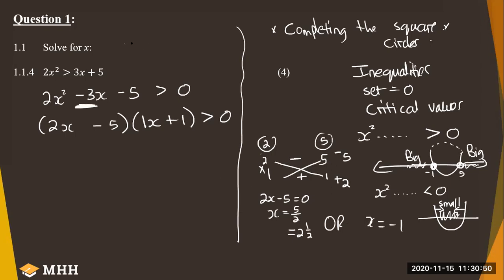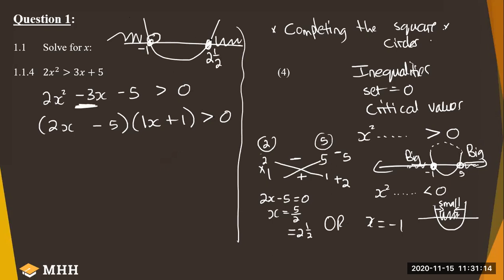So if you think of your drawing now, the drawing is just there to help you, but show it on the drawing. Sometimes they do give you marks for showing the drawing. It's bigger than, so you are big, so you can go out, right? And it's greater than, so it means it's not included.